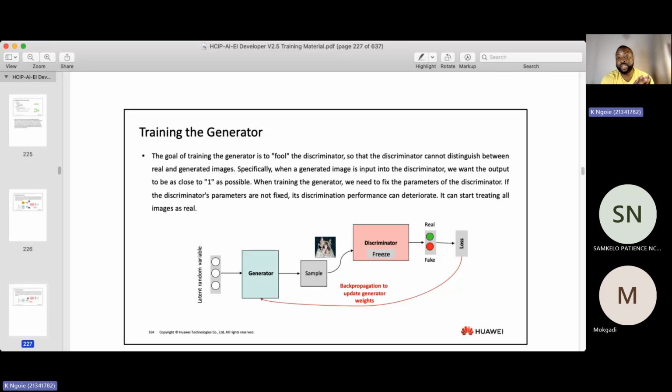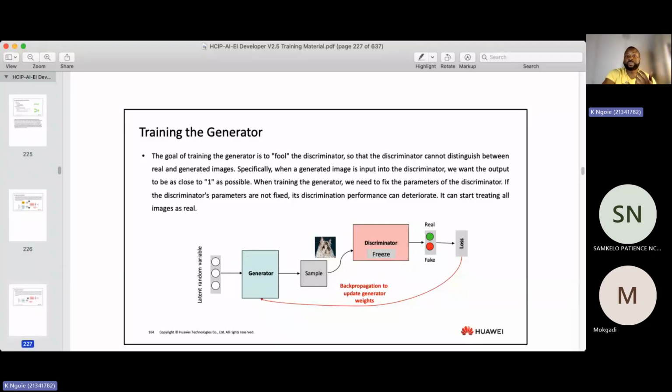Remember, one means real. That means the discriminator thought this was a real image and classified it as real, while it was a generated image. If these images are not classified as real, the generator will try to generate other images to fool the discriminator, because that's the purpose.